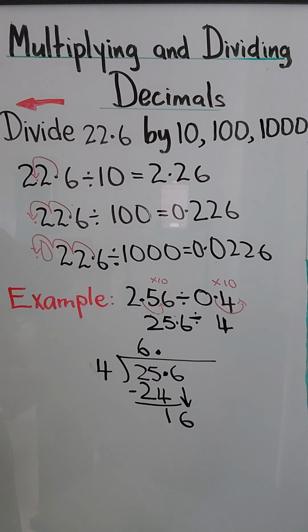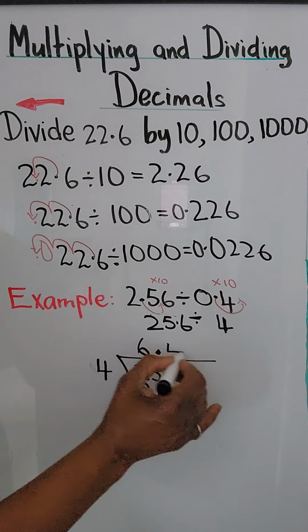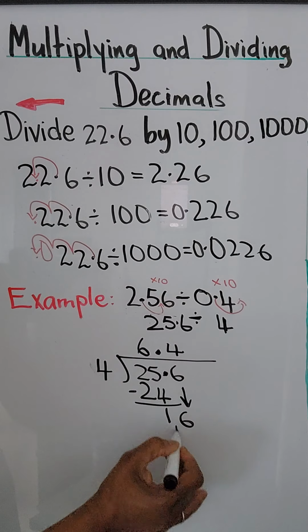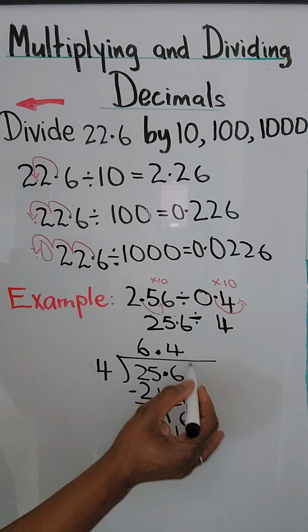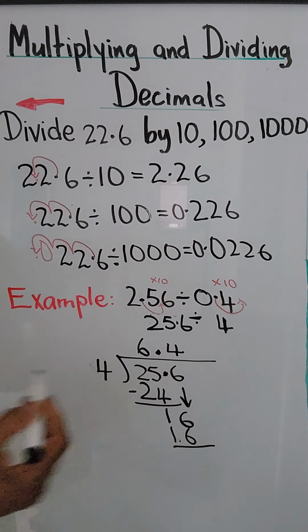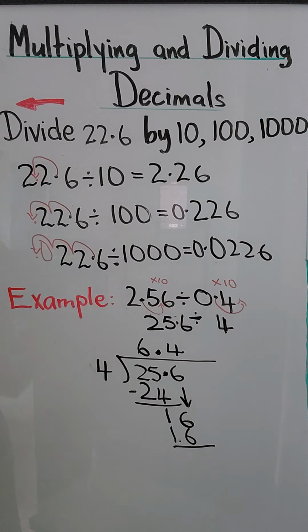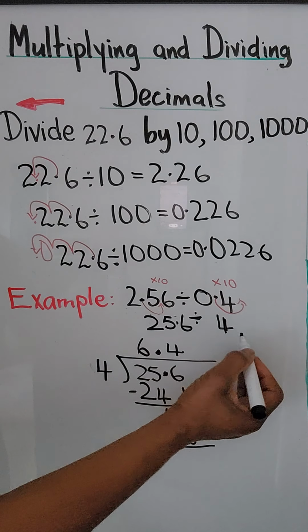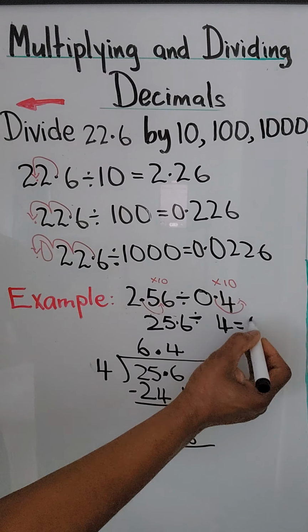How many times can 4 go into 16? 4 times. 4 times 4, 16. No more numbers to bring down. So we have completed our example. So 25.6 divided by 4 is equal to 6.4.